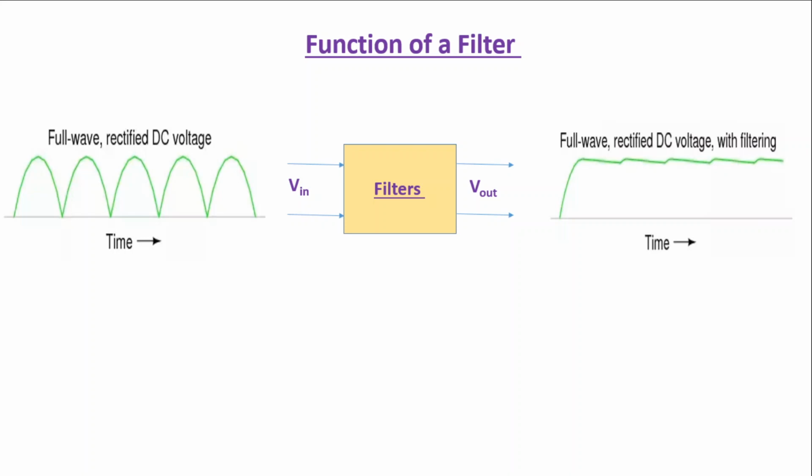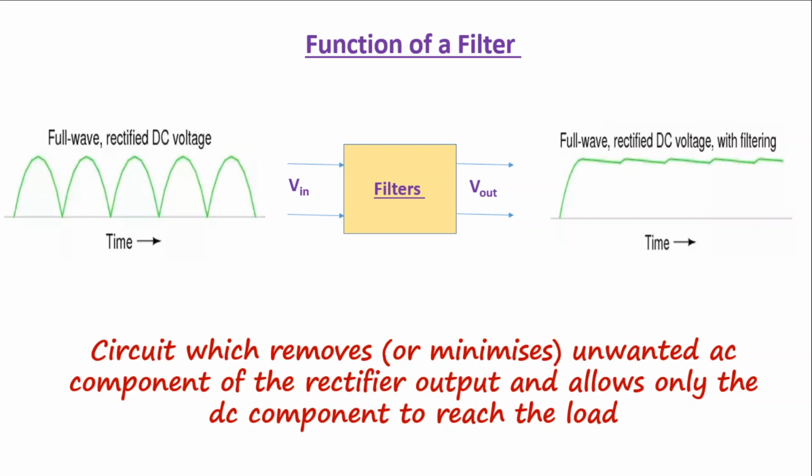So finally we can say that a filter is a circuit which removes, or you can say minimizes, because some fluctuations are still there, the unwanted AC component of the rectifier output and allows only the DC component to reach the load. Finally you will be measuring the output across the load, so across the load you will get much of the DC component rather than the AC component.